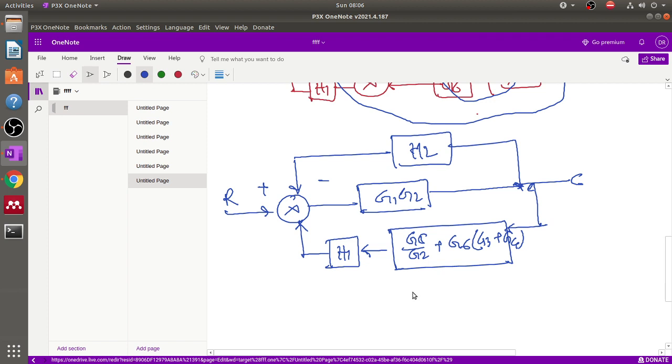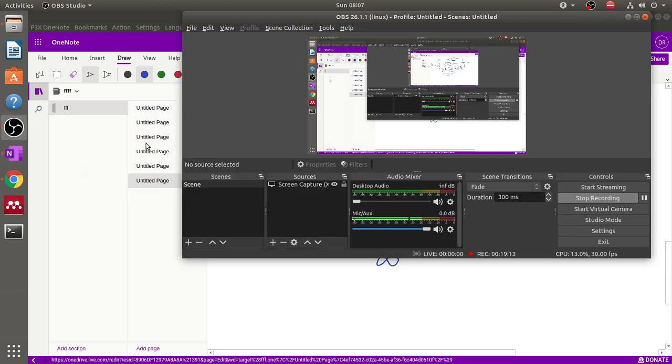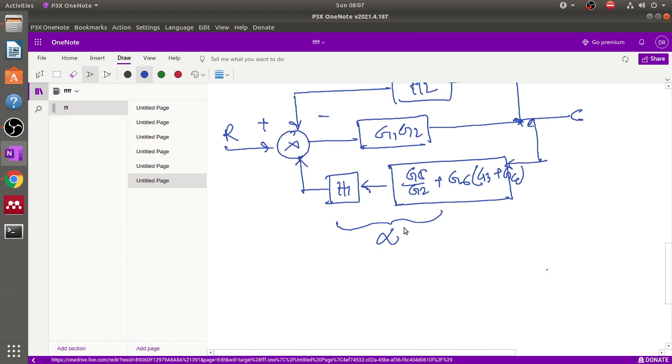So this is very easy. Now this gain is multiplied with this feedback gain. Just for simplicity we consider these two gains multiplied, and consider this is alpha. Just consider alpha, to simplify the mathematics, because these terms are very large, there are lots of parameters included here.